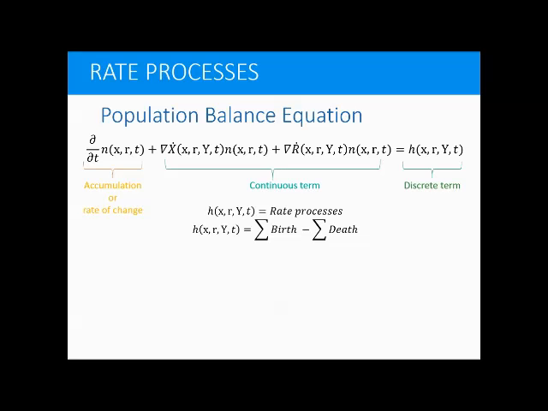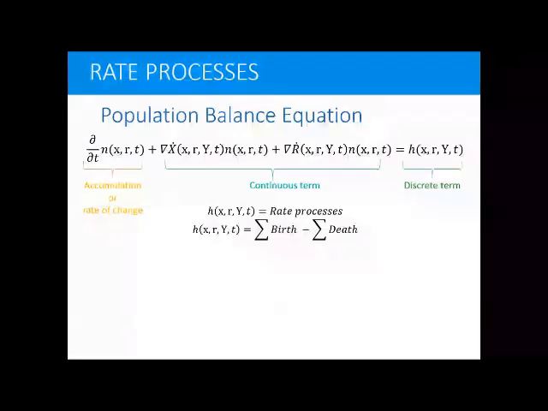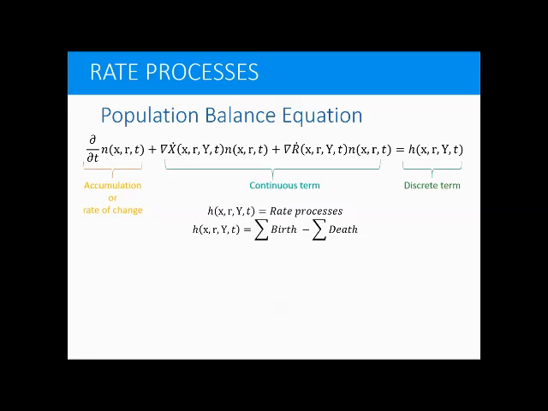So the continuous term, I will not mention this in this class so much. Rather, the discrete term is where the discrete rate processes are drawn into the equation. In this H term, we find our processes, and that's where we put our knowledge on how distributions change due to our mechanisms.